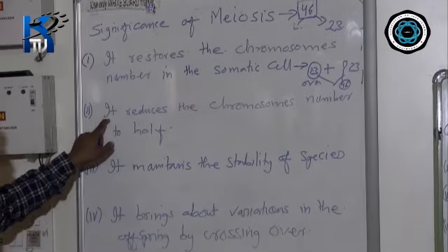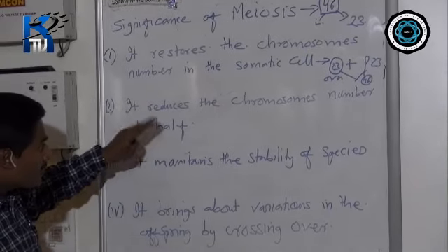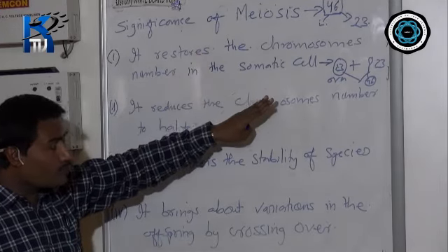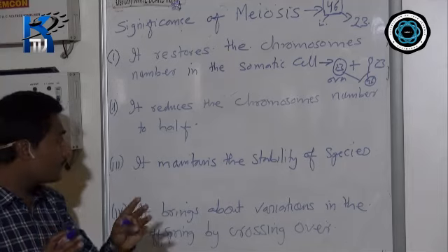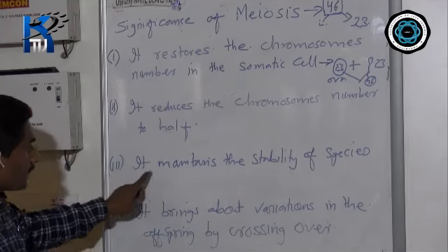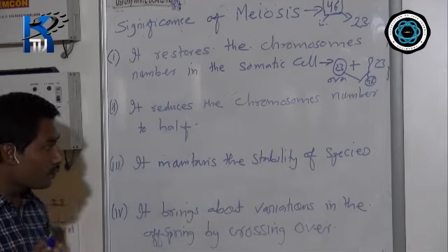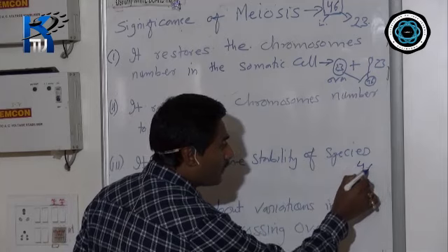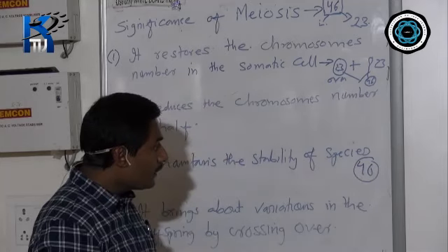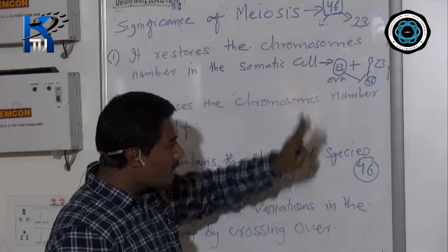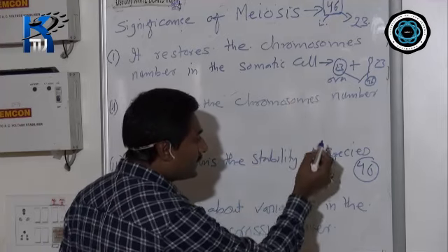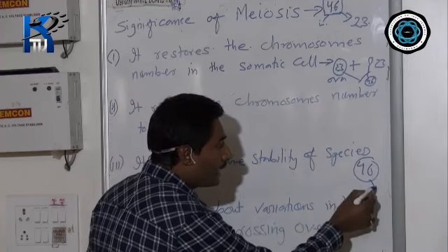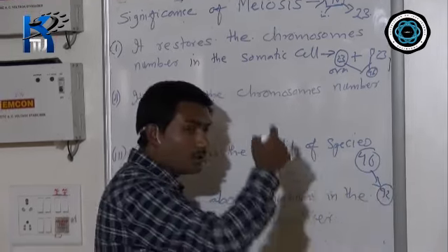Next point: it reduces the chromosome number to half. The second advantage of meiosis is that the chromosome number is reduced to half, that is 23. It maintains the stability of the species. You know that every human being is known by 46 chromosomes. If meiosis did not take place and somatic cells fused, 46 plus 46 would become 92, and that would become some other organism.